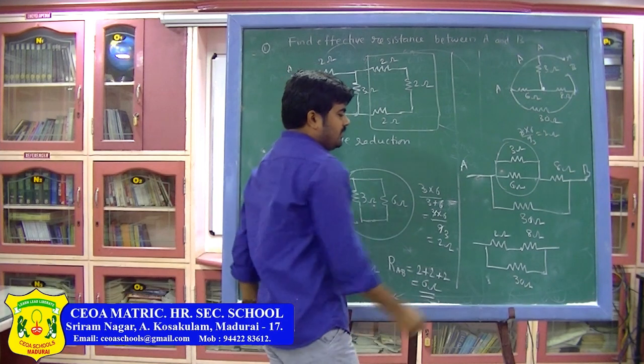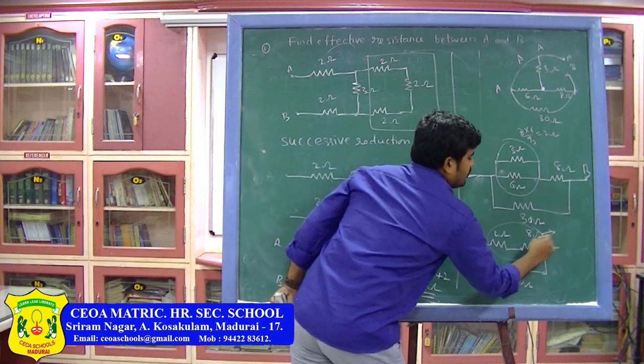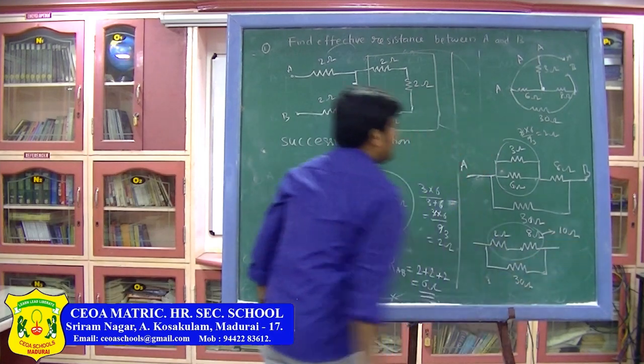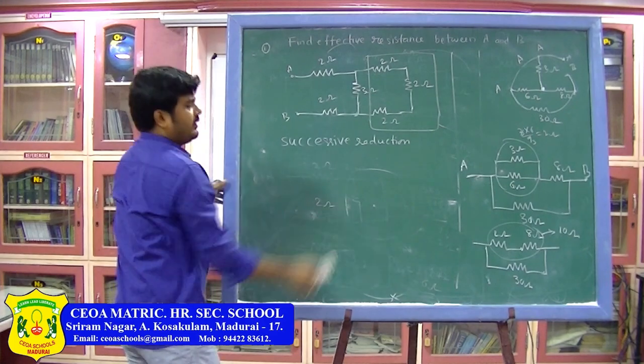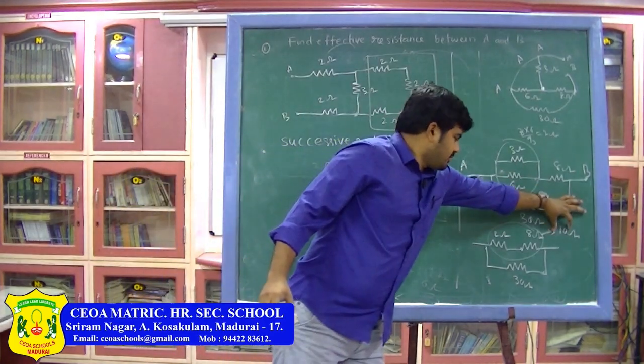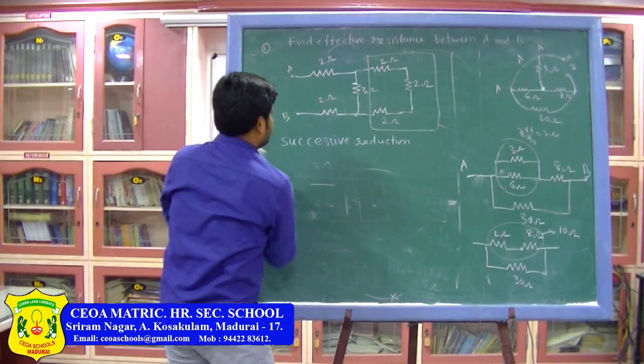Now if you see, these two are in series, and the value of this series combination is 2 plus 8, that is 10 ohm. So finally this resistance 10 ohm and this 30 ohm are in parallel. So that is the final circuit.